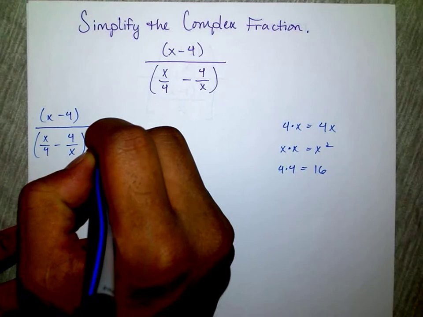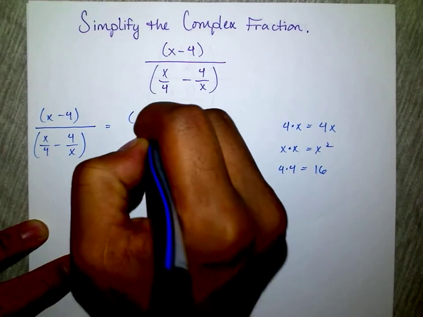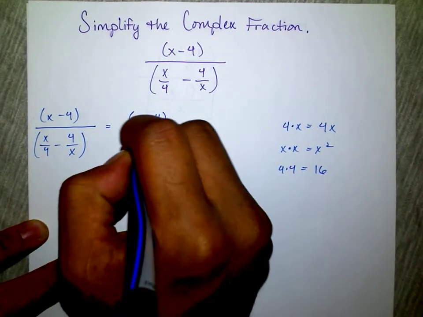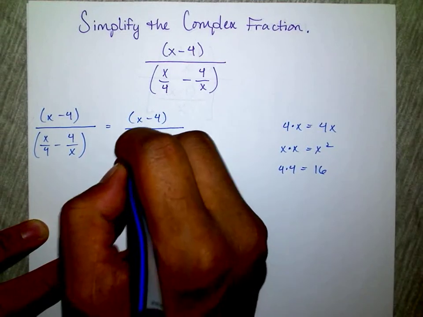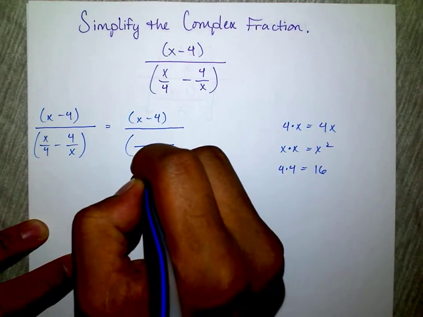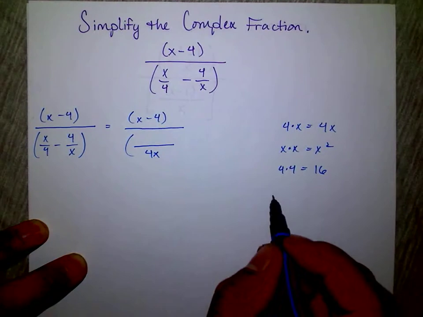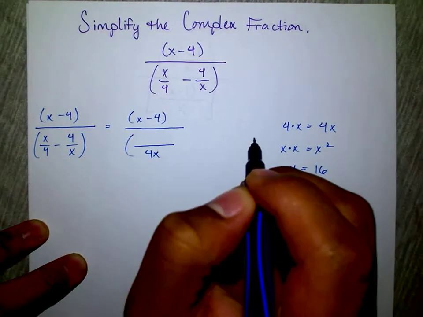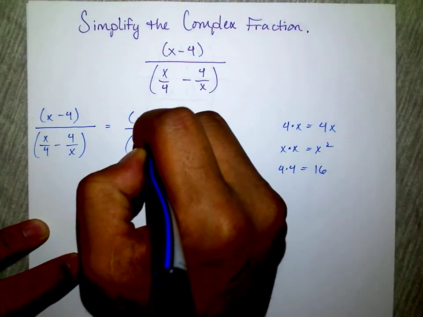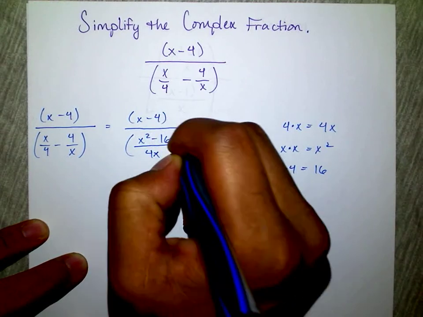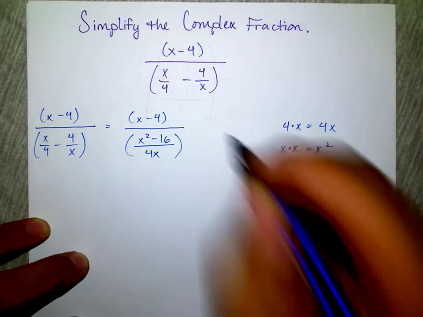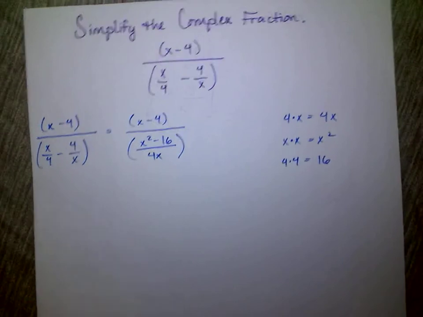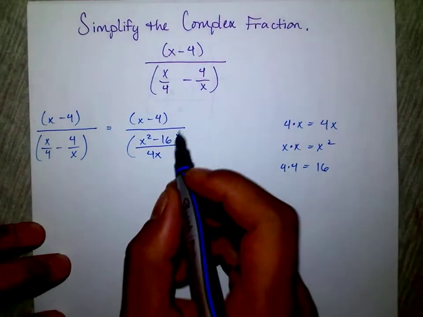Now we're going to see how that looks. So x minus 4 on the top, and on the bottom here I'm going to have a common denominator of 4x, but on the top I'm going to have x squared minus 16. Alright, now that I'm done with that, I'm going to keep it moving here.